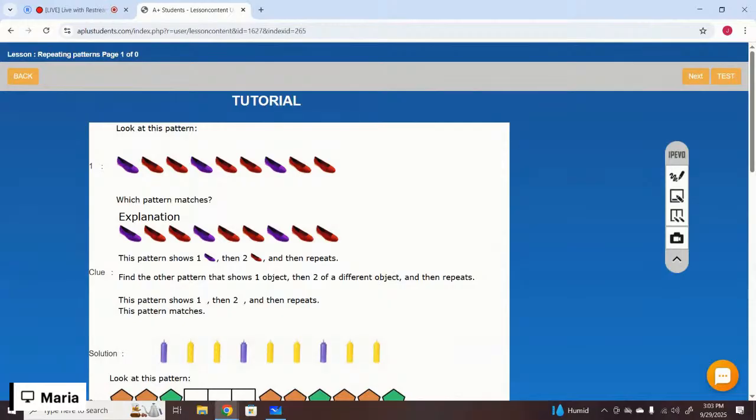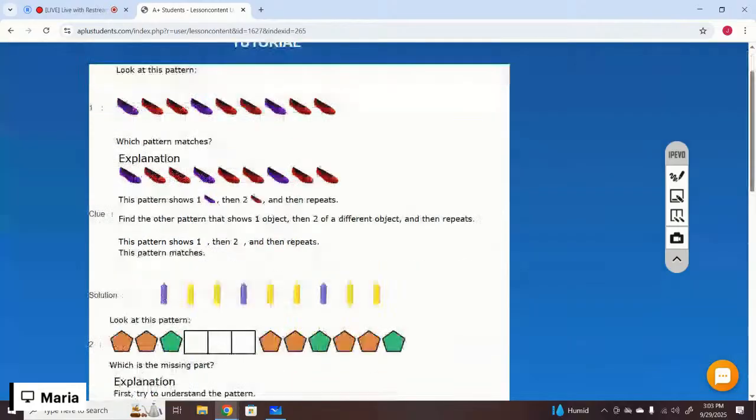Look at this pattern. Which pattern matches? This pattern shows one purple and two red and repeats.